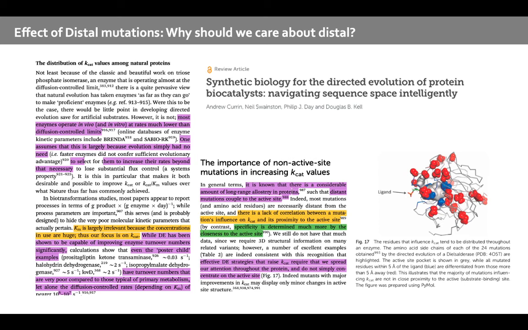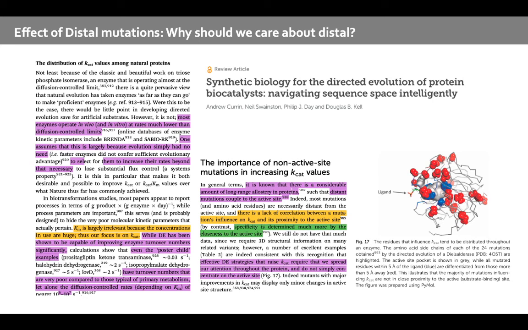And here also he says that while directed evolution has been shown to be capable of improving enzyme turnover numbers significantly, examples show that even the poster child examples like sitagliptin or halohydrin dehalogenase LovD, etc., have turnover numbers that are very poor compared to those of typical highly efficient enzymes.